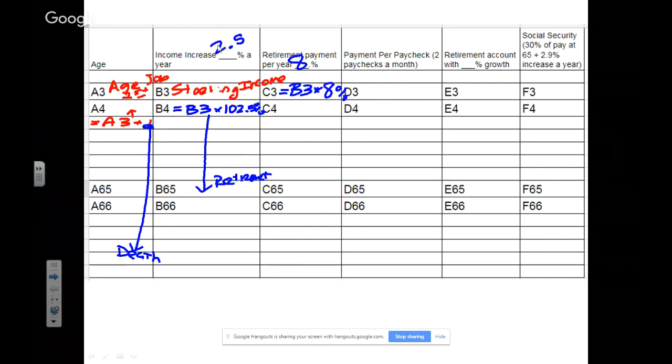That means you're putting all of your pay away plus 8% more of all of your pay. Okay, so you can't do that. It's just 8%. And then what do we do to that? We're just going to drag that down to what? To retirement. We put money into the account until we get to retirement.